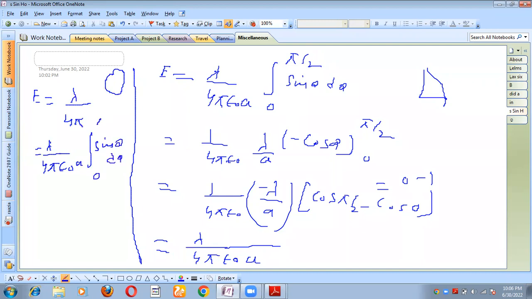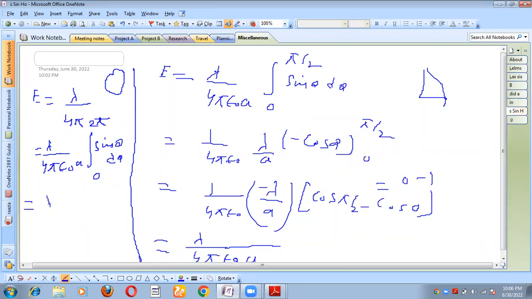It will be 0 to 2 pi, right? For the full range, it will be 0 to 2 pi. Getting my point? So it will be lambda by 4 pi epsilon naught A, and the integration of sin theta is minus cos theta, from 0 to 2 pi.